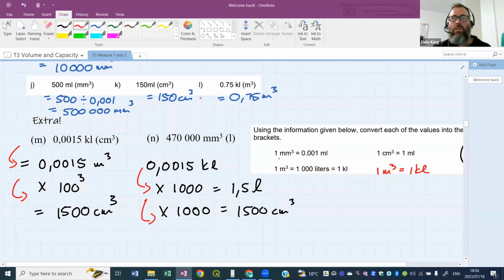These are very similar to the ones we've done, but there are two steps involved. You're just using the information and the conversions in front of you. These questions used volume to capacity conversions, and conversions within the metric system as well. So it's many different parts of what we've discussed tonight in one question, but you guys nailed it.